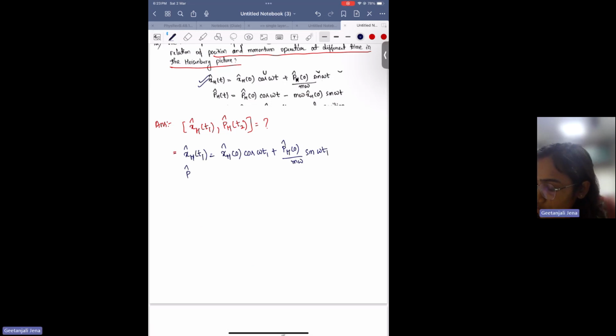The expression for the momentum operator at time T2 is p_S0 cos omega T2 minus m omega x_S0 sin omega T2.